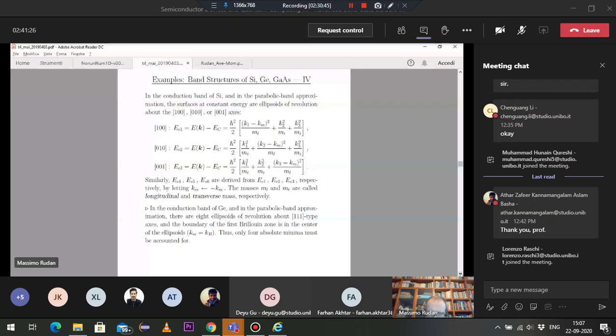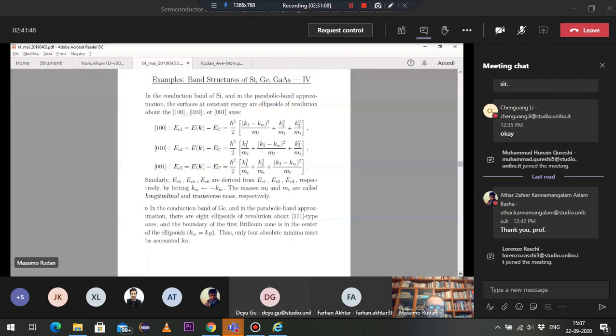Now, still considering silicon, you remember the inverse effective masses are the second derivative of the E of K relation. So are these second derivatives equal to each other in silicon or different? They are different.